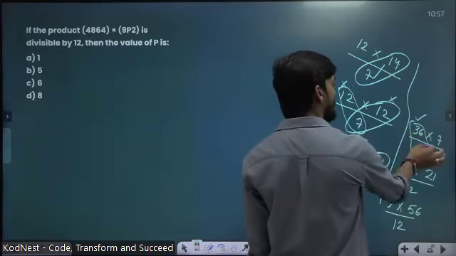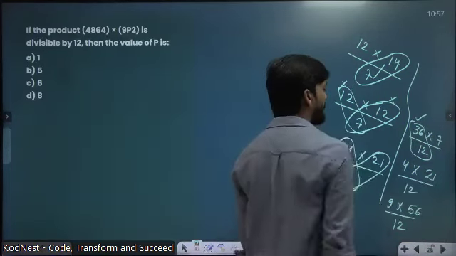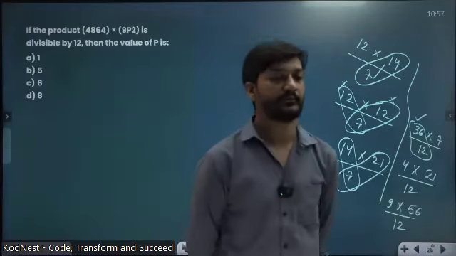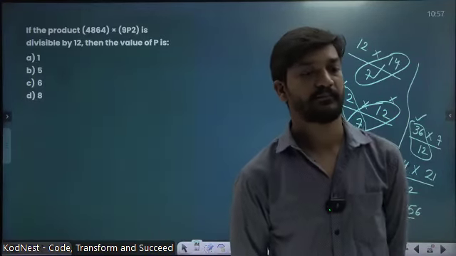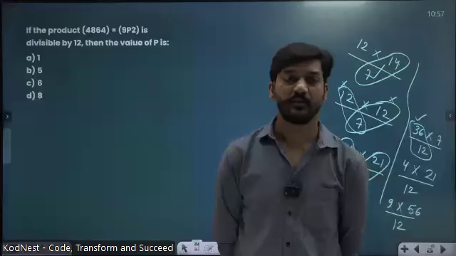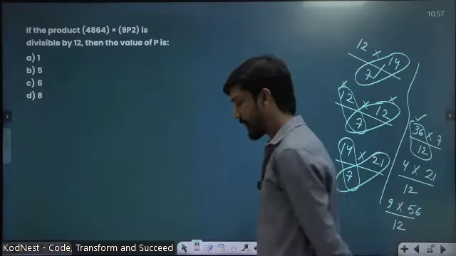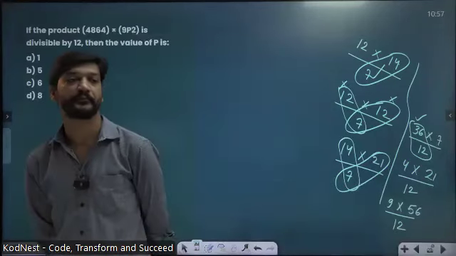Because one number is divisible, so complete also divisible. Is this divisible by 12? Is it? Check again, please.